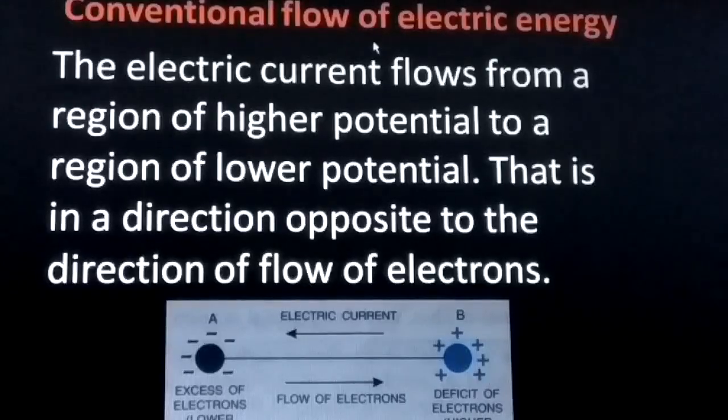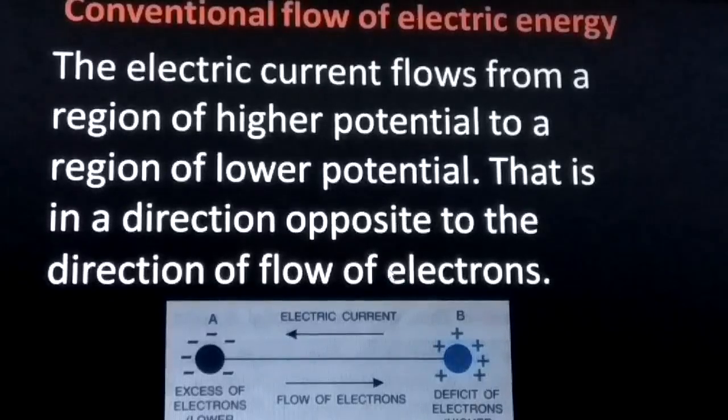The conventional current always flows from the region of higher potential to the region of lower potential, and the direction is opposite to the direction of flow of electrons.